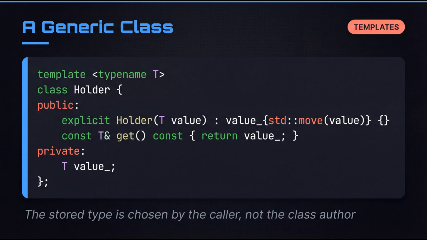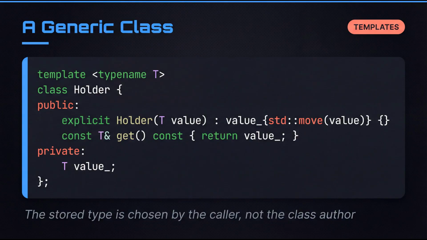Templates aren't just for functions, they work for classes too. This Holder class stores a value of type T. The constructor takes a T by value and moves it into the private member. The get function returns a const reference. The key insight? The stored type is chosen by the caller, not by the class author.